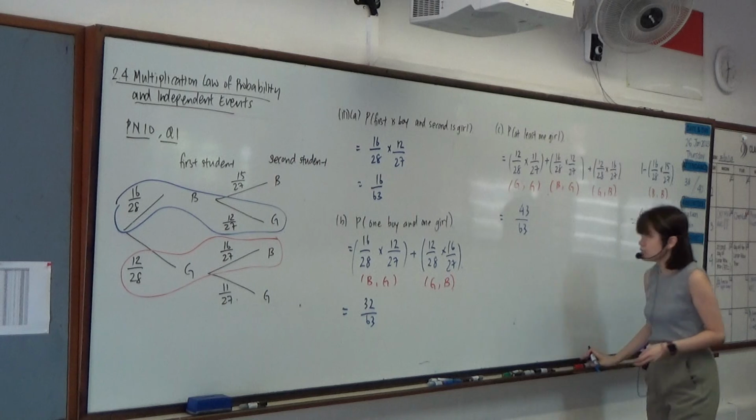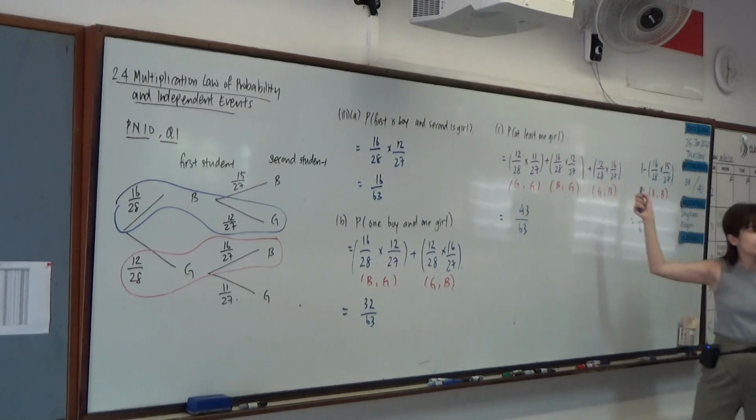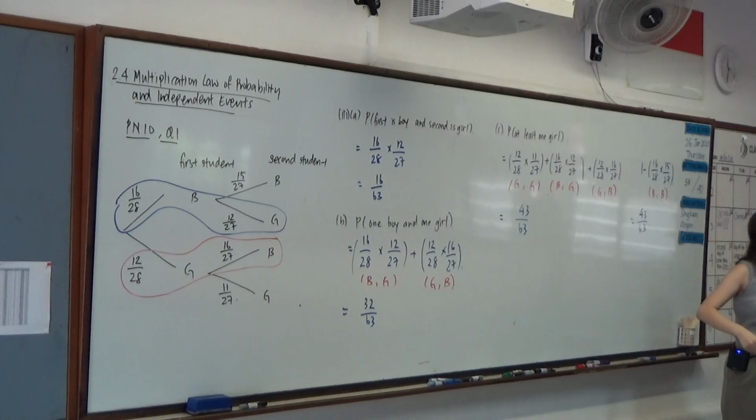Okay? Just want to open it to the floor as well. Is there another way to present our working over here? Sorry, say again? Yes. 32 over 63, then plus the girl case.